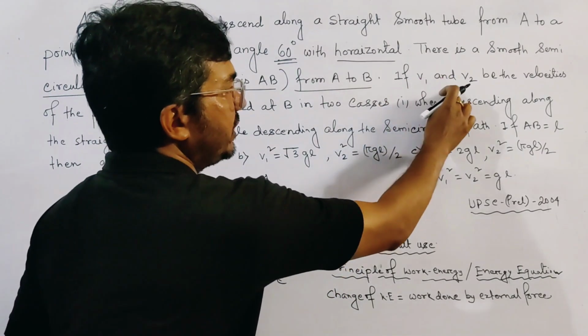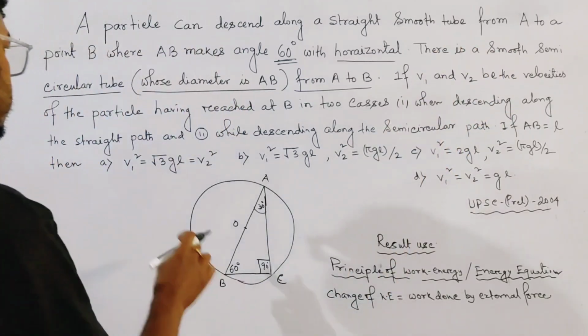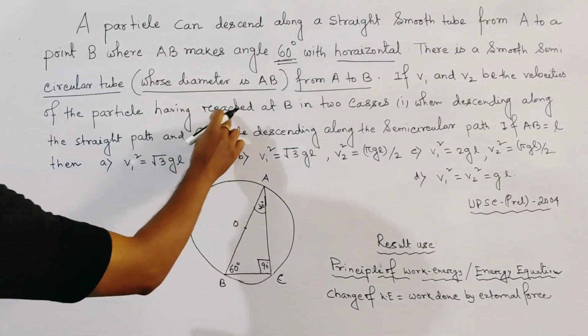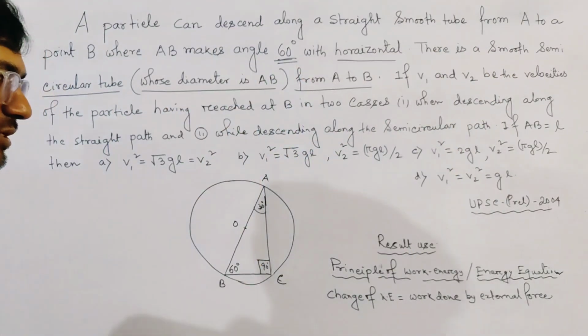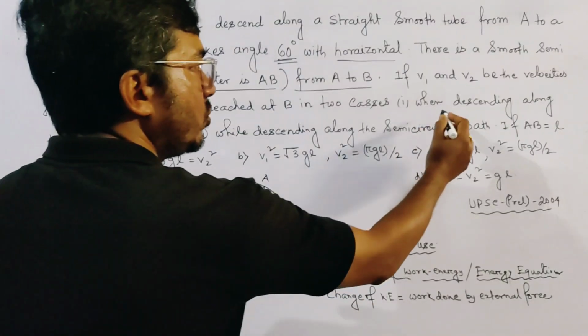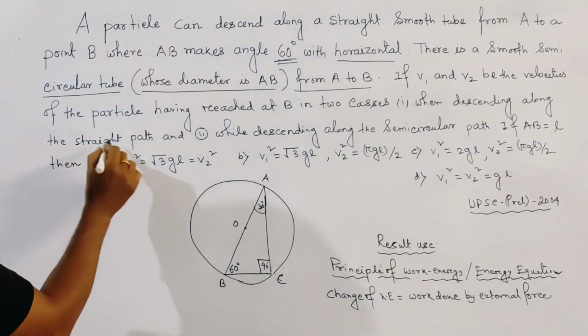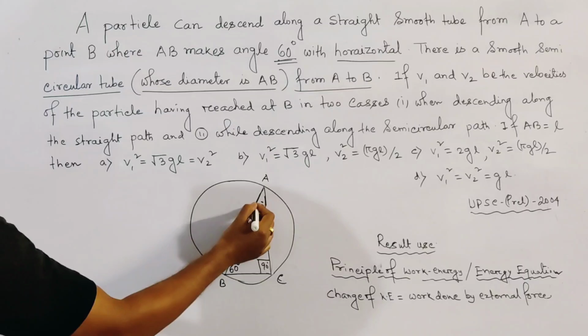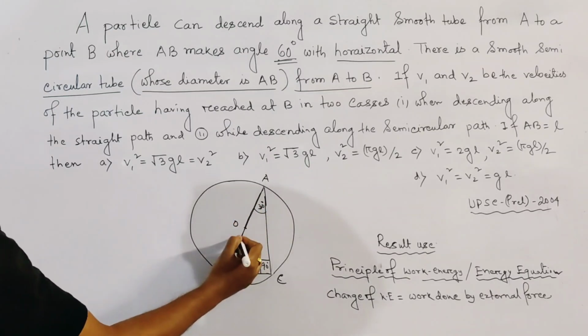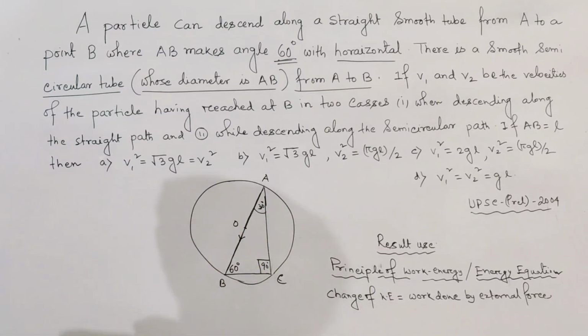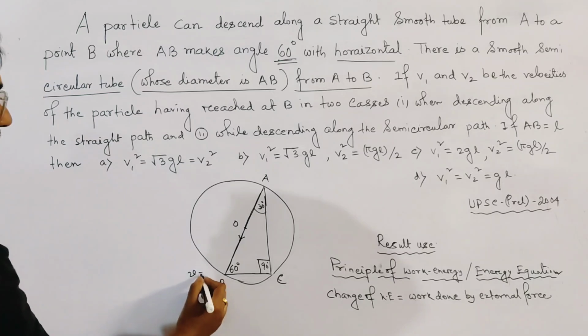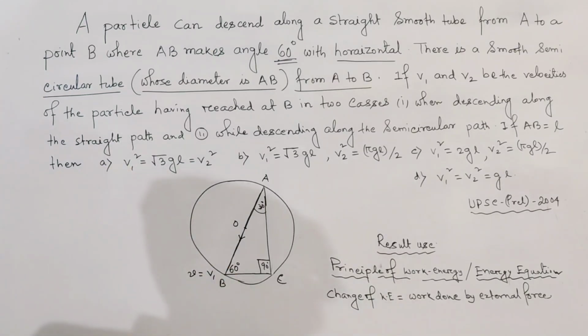If V1 and V2 be the velocities of the particle having reached at B in two cases. The first case is when it descends along the straight path. When the particle descends along this path, the velocity V is equal to V1.